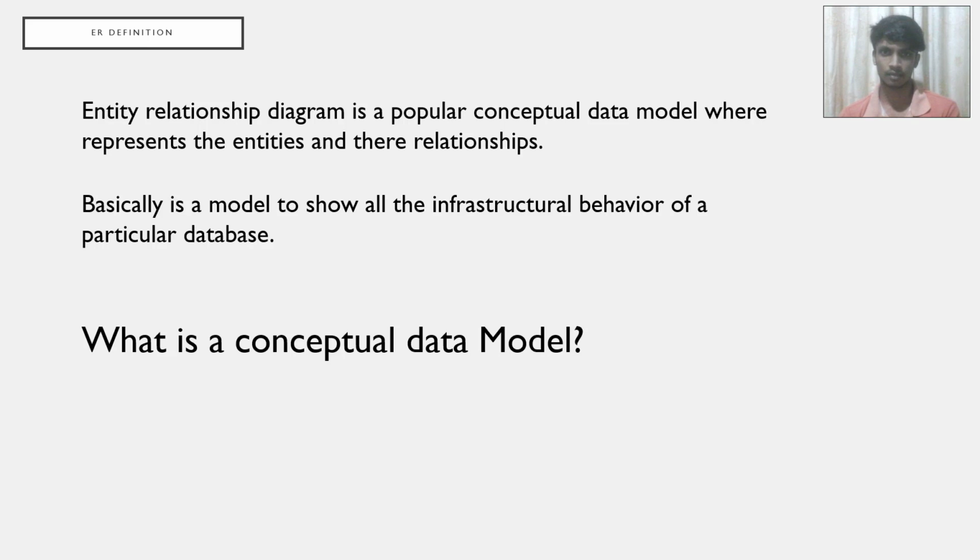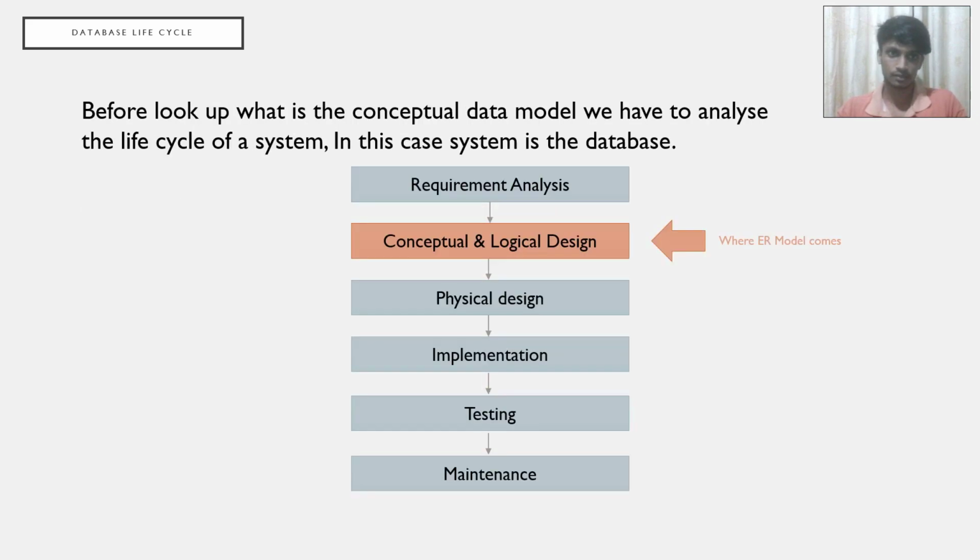There are some new words that you may have heard of. The first thing is the conceptual data model. What does conceptual data model mean? Basically, conceptual means it's based on concepts, right?